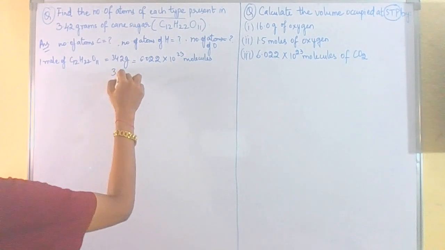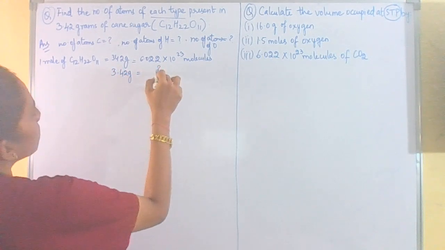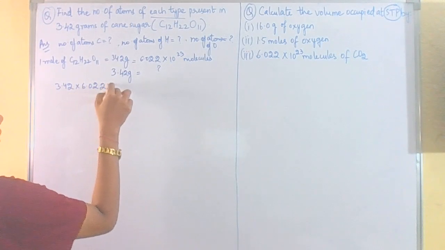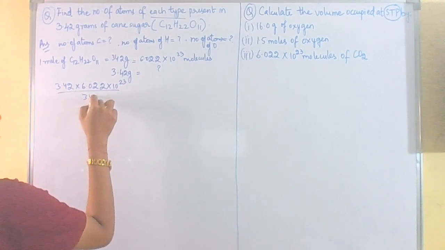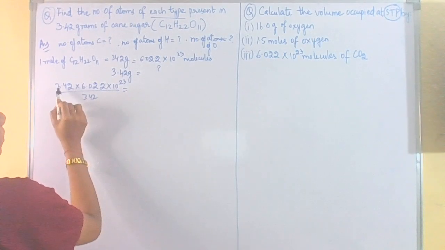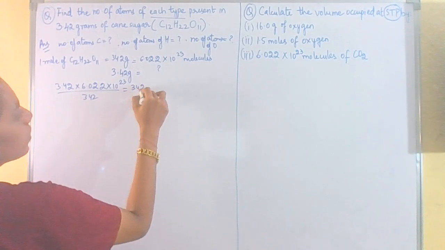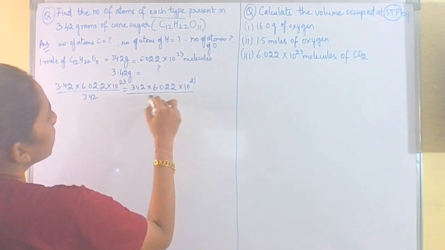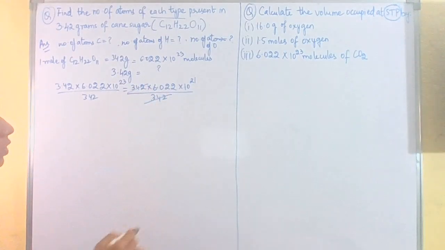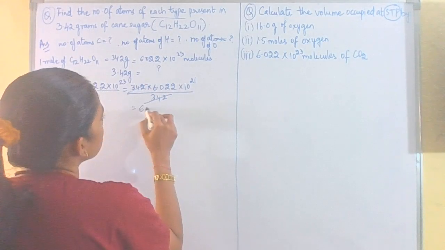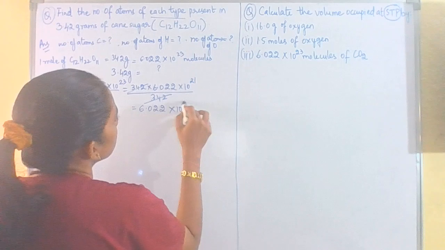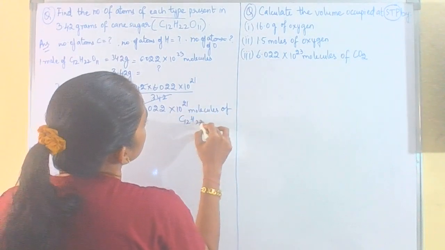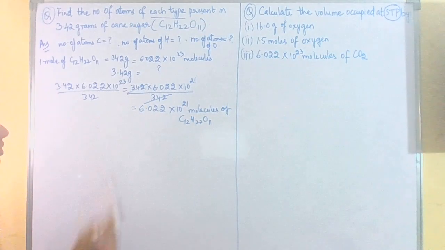Then for 3.42 grams, the number of molecules is equal to how much? 3.42 into 6.022 into 10 to the power 23 by 342, which is equal to, I'll multiply 3.42 into 100, so that will become 342 into 6.022 into 10 to the power 21 by 342. 342 and 342 get cancelled. So the final answer will be 6.022 into 10 to the power 21 molecules of C12H22O11 is present in 3.42 grams of cane sugar.